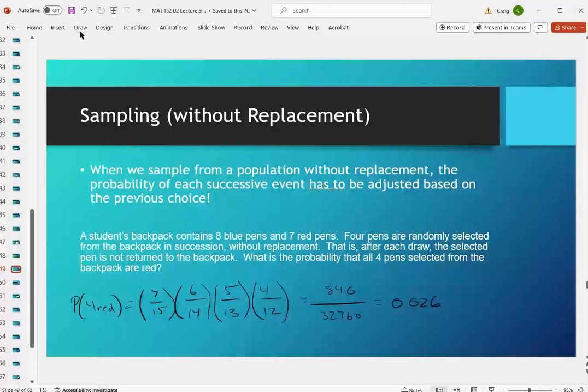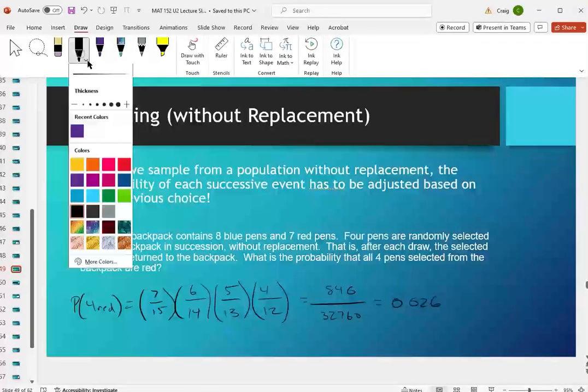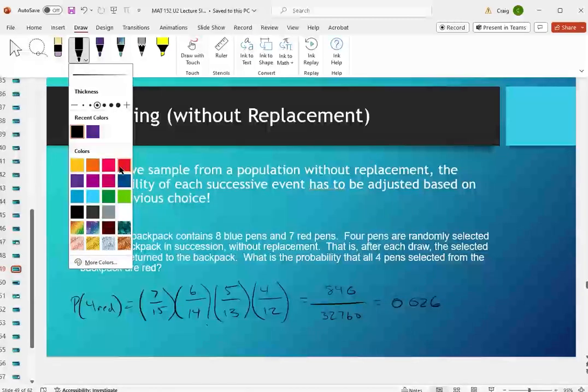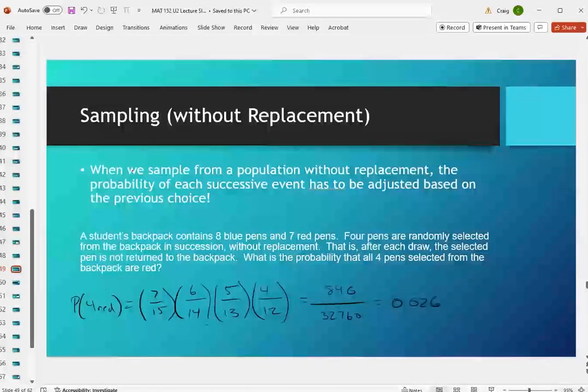As we arrive at the end of this section, because in the next section we're going to talk more about counting these types of things and come back to these ideas of samples, I want you to notice one thing in this last part of the problem. Notice how we're multiplying here: 7 times 6 times 5 times 4 over 15 times 14 times 13 times 12.